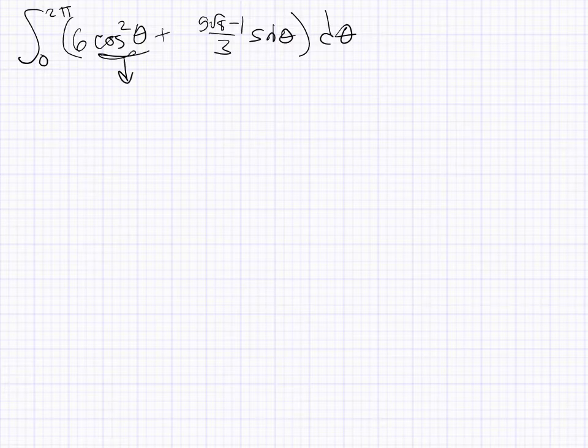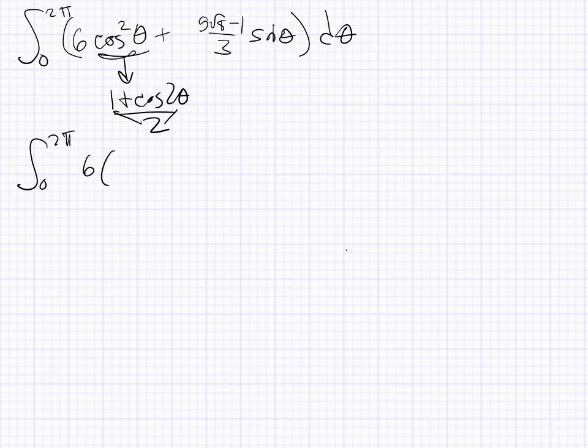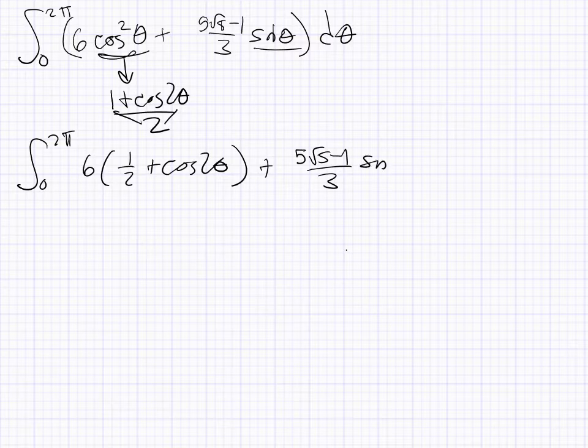We're going to need the power reducing identity, 1 plus cosine 2 theta over 2. To be able to integrate that, I'll split it apart into two separate integrals. So let's say 0 to 2 pi, I have 6 times 1/2 plus cosine 2 theta. And then this is just sine theta, so that's not going to be a big deal. So 5 root 5 minus 1 over 3 sine theta.